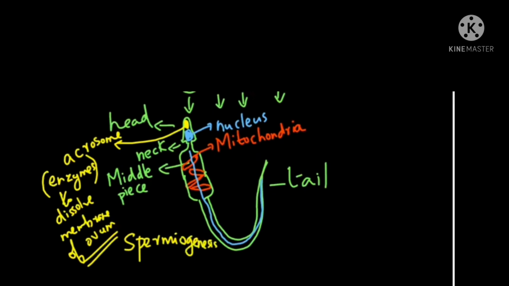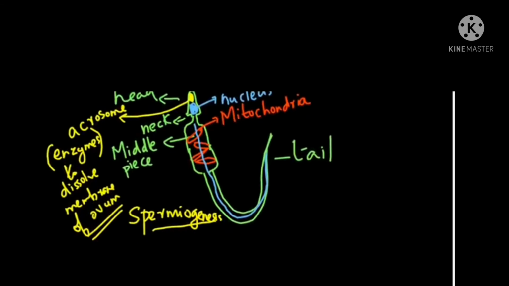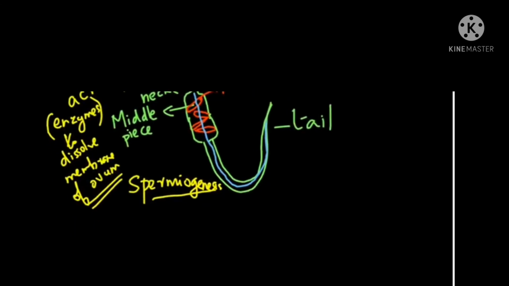When like this modification comes, it is called spermiogenesis. Which means, now who can tell me the definition, what is spermiogenesis? What got converted to what? That you can tell. It is a process by which?